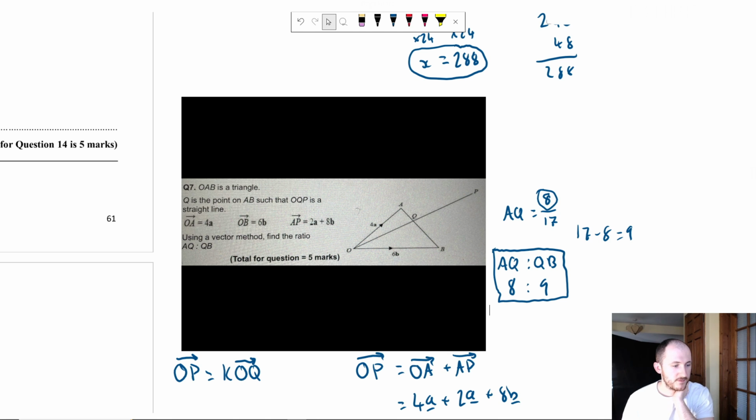How do I know when to flip a ratio? What do you mean by flip it? Like A to B is 3 to 4. Yeah, I don't like doing that.